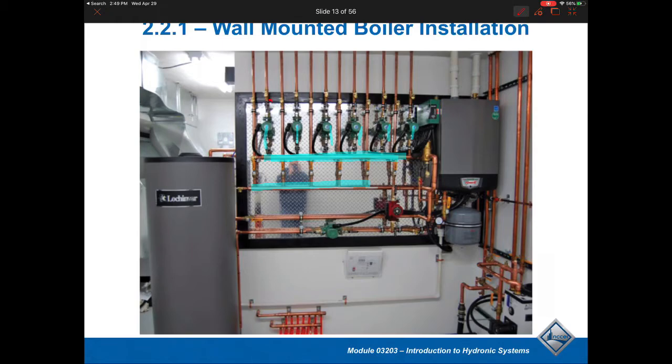So the check valve, in other words, on the discharge of this pump, we probably have some sort of a check valve here, here, here, and so on and so forth, all the way down. Every one of those has to have a check valve, otherwise you end up getting a circuit that potentially would pull water flow from a circuit that it does not want to have water pulled from.